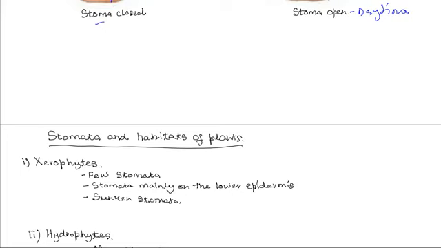So the structure, size and distribution of the stomata in a plant is closely related to the natural habitat of the plant. For example, plants that grow in dry areas, such plants are known as xerophytes, tend to have few stomata, smaller stomata, which are mainly located on the lower epidermis where they are shielded from direct sunlight.